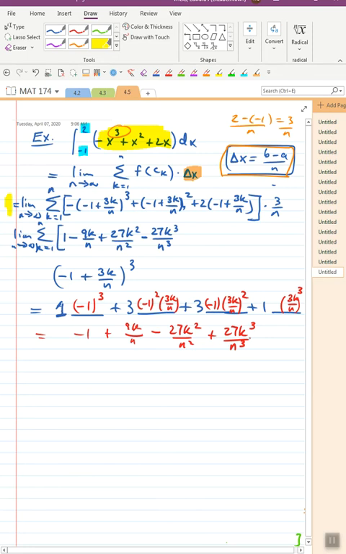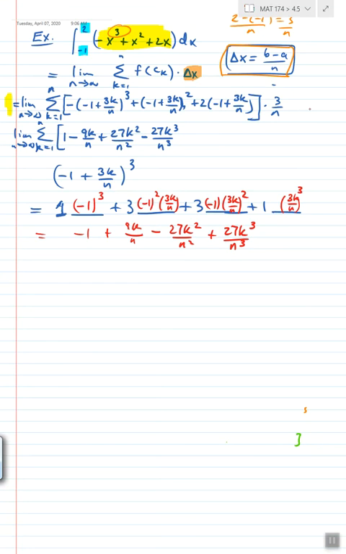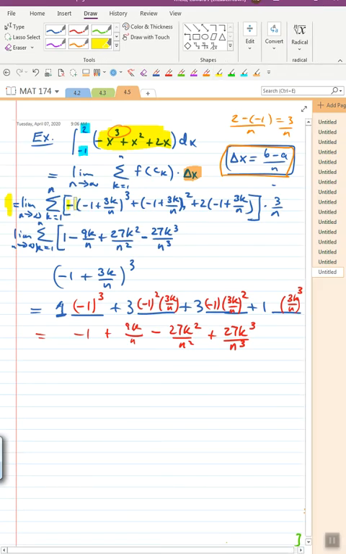Does it look right? So far, so good. Hold on, I'm working on the second part.